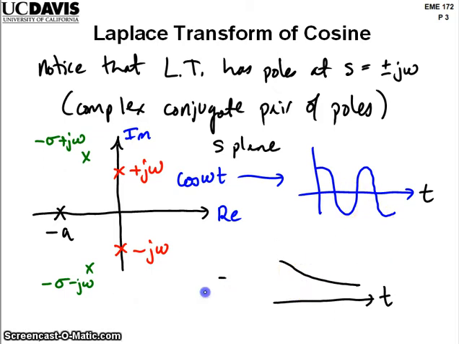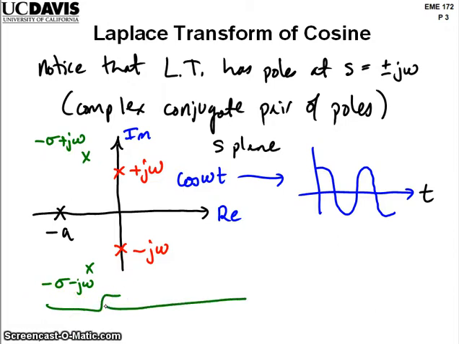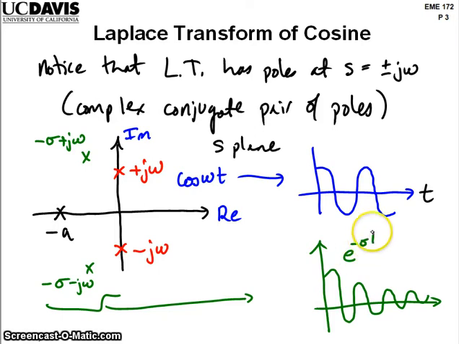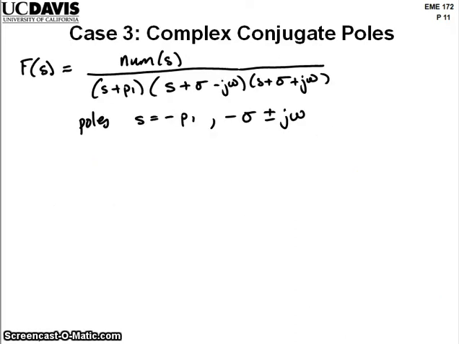So what this looks like in the time domain, it's oscillating and decaying downwards. And so this is going to be e to the minus sigma t cosine omega t. Okay? So the real part is the decay envelope, and the imaginary part is the oscillation frequency.